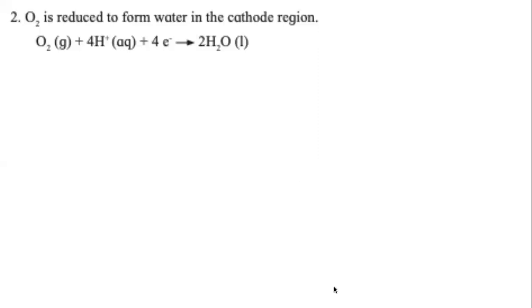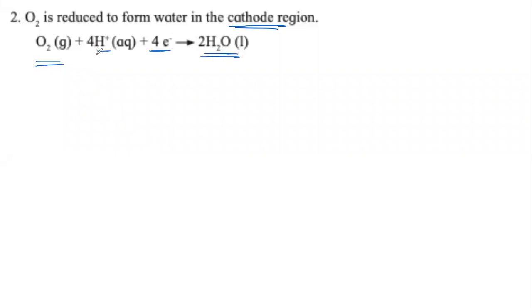We can make a guess that if at the anode oxidation is happening, definitely at the cathode, the opposite must be happening. So yes, at the cathode, some reduction is happening. And what is that reduction? Hydrogen loses these electrons and combines with oxygen to form water.